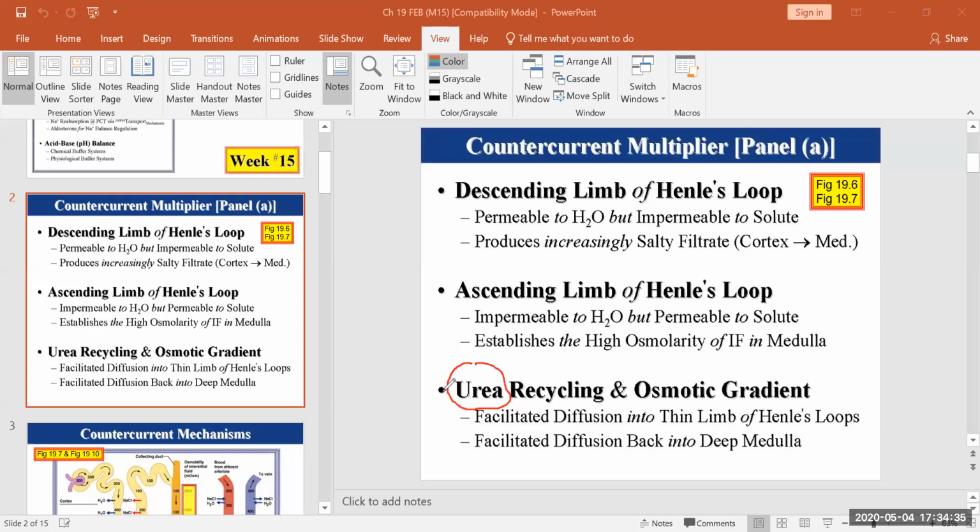UT stands for urea transporter, okay? Even in the collecting duct where you have urine, urea can leave the urine, leave the collecting duct, and move back into the renal medulla through the UTA, urea transporter type A.